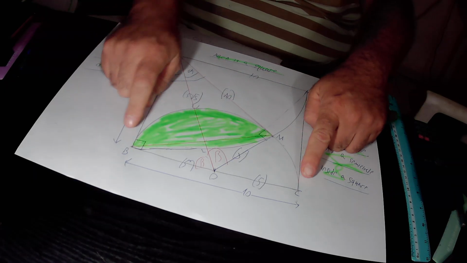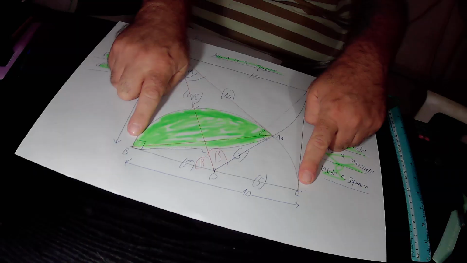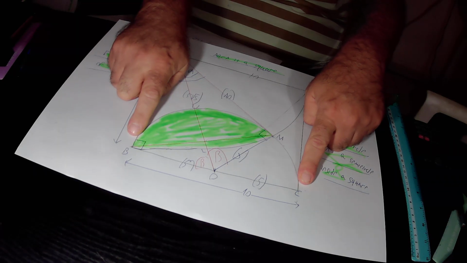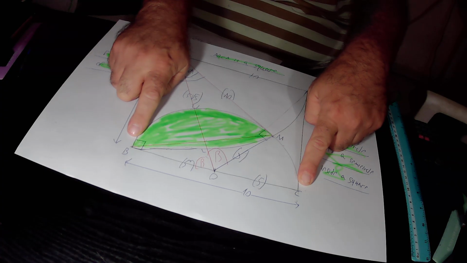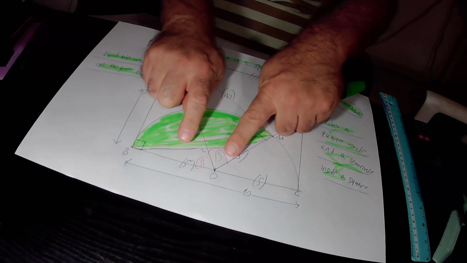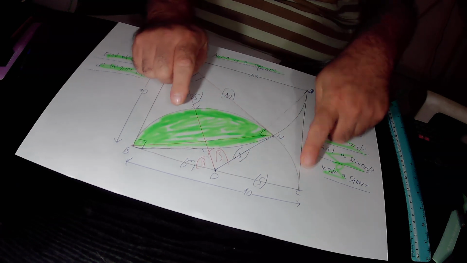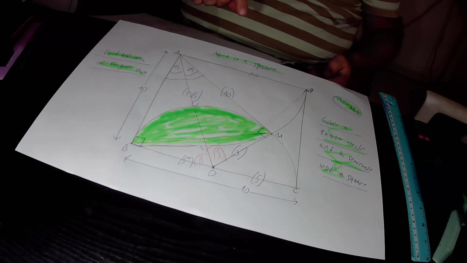We know that BC is not only the side of the square, but it is also the diameter of the semicircle. So the diameter of the semicircle BC is 10, therefore the radius OB is 5, the radius OC is also 5.